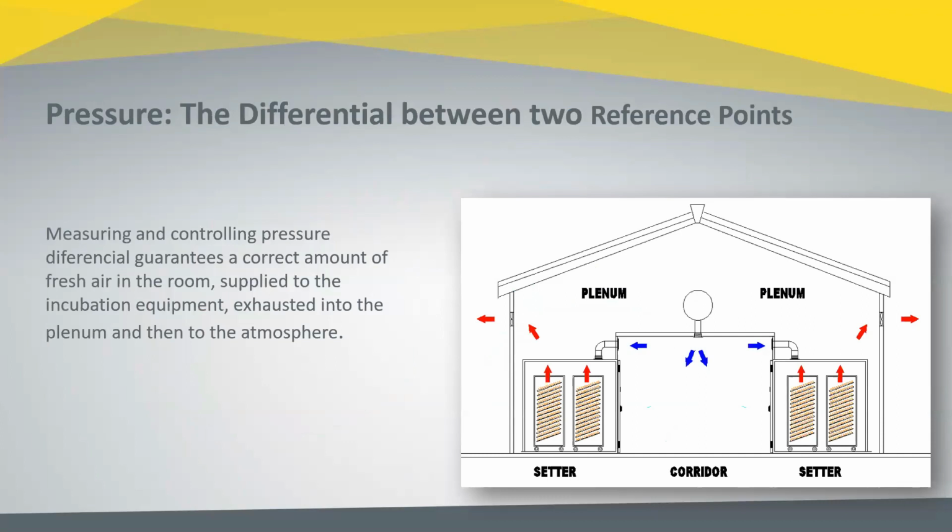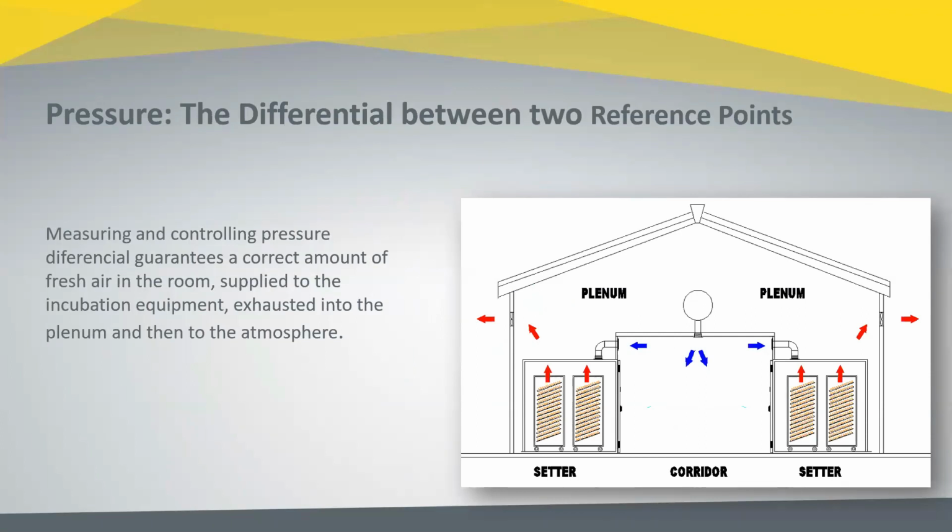So what is pressure? Pressure, unlike temperature or humidity, is actually the differential between two reference points. So when we measure and control pressure differential, it guarantees a correct amount of fresh air in the room, supplied to the incubation equipment, exhausted into the plenum, and then to the atmosphere.